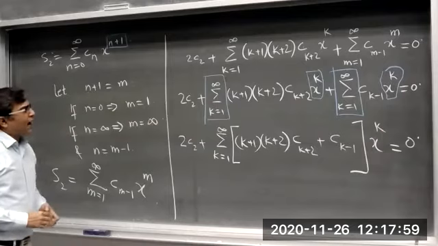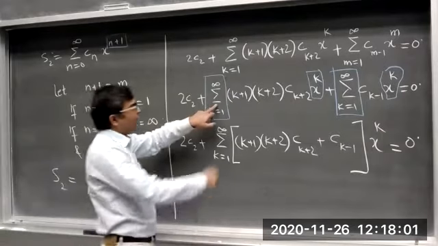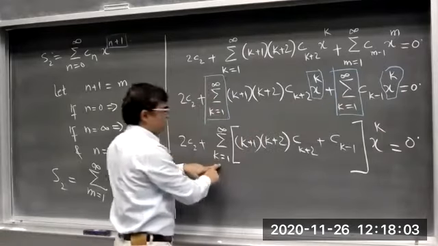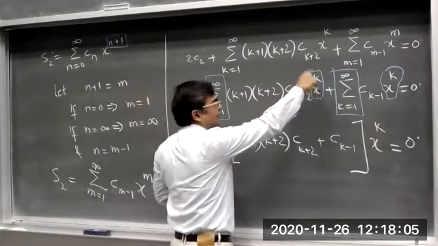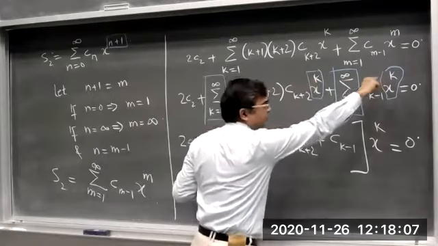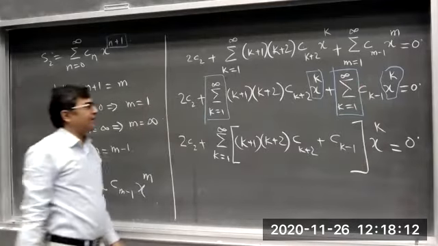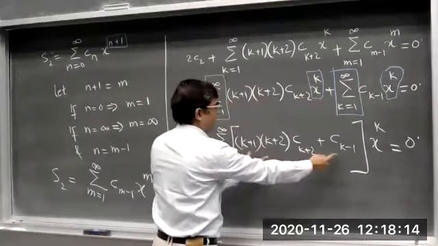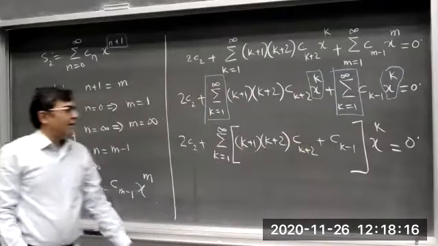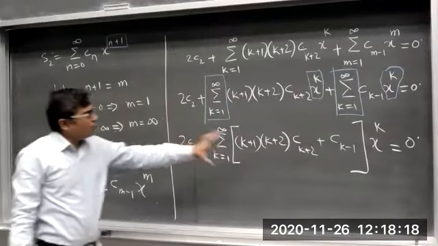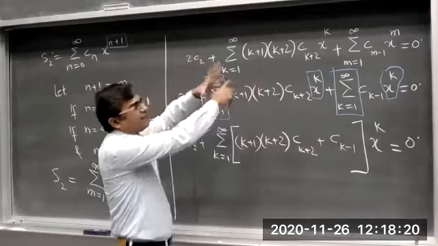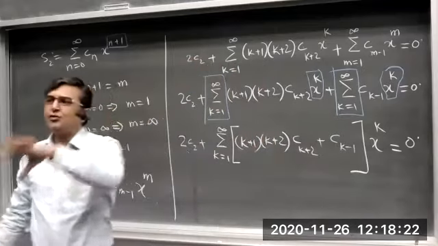What we have done here is taken out this summation and this x power k, and the remaining terms we have written inside this bracket. We have combined the two series into a single series.